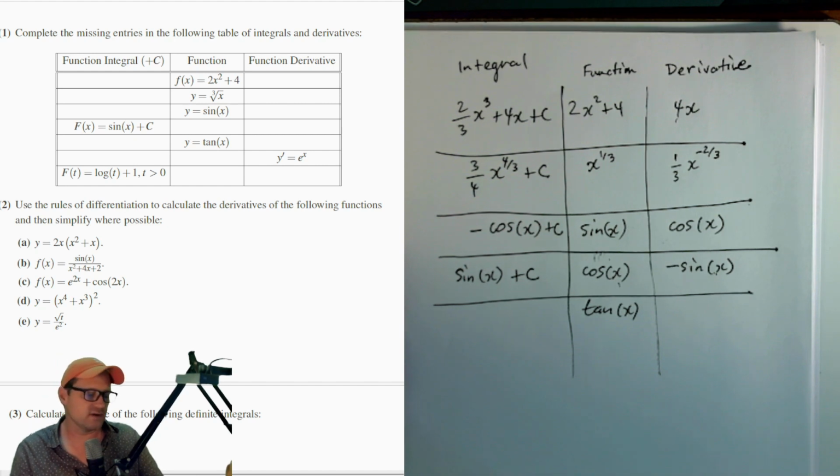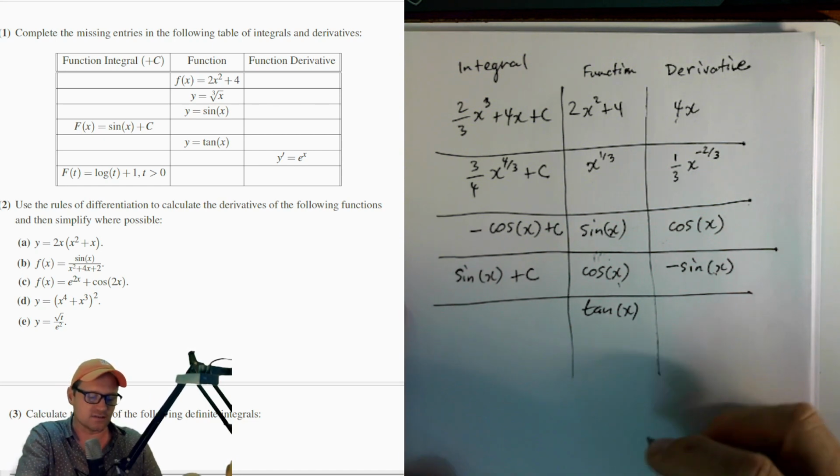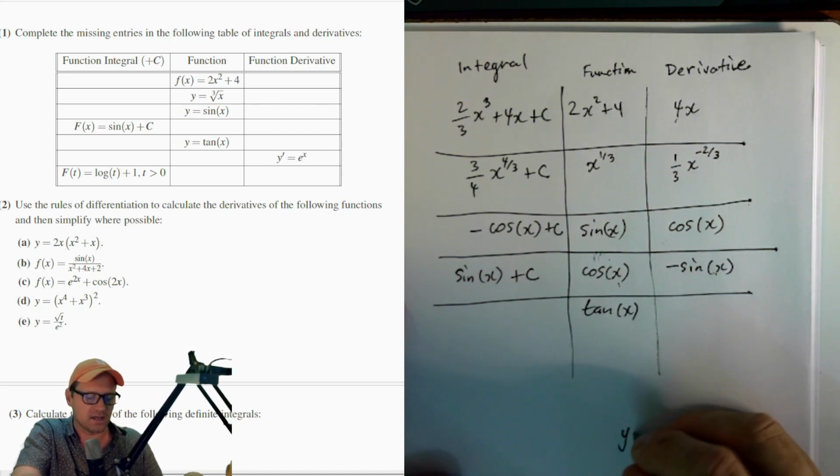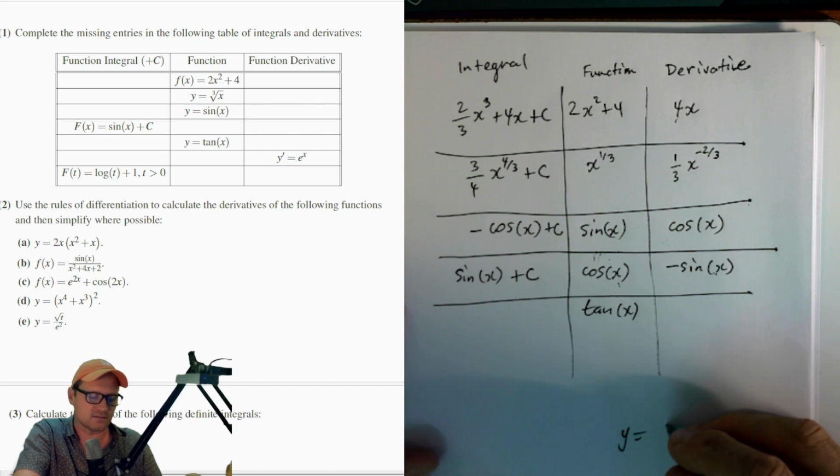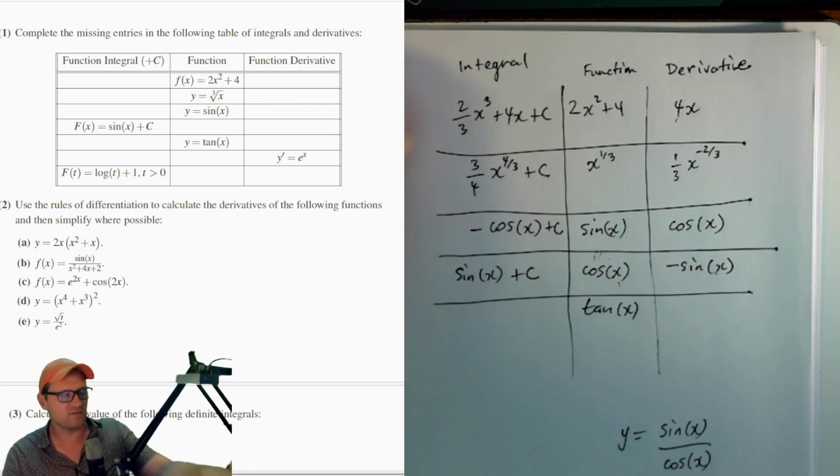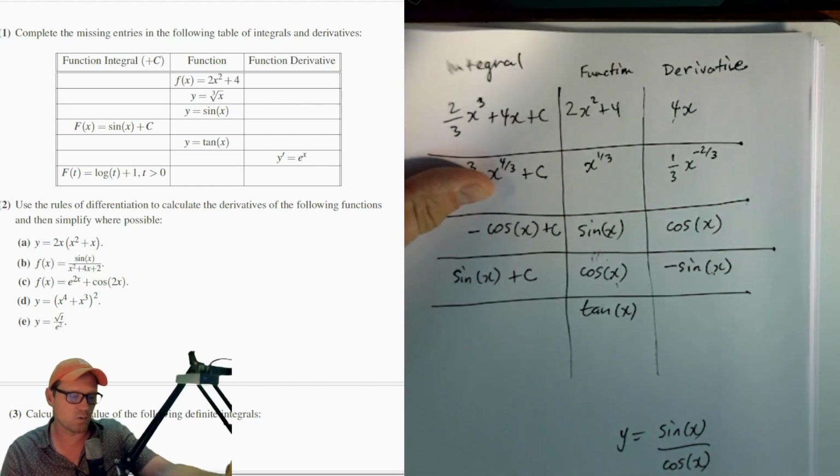Now, next, we have tan of x. The derivative of tan of x, you can just remember that that is sec squared if you like, and fill that in there. But let's just fill in the details here, because if we have y equals tan x, then that's sine of x over cos of x. To find the derivative, we use the quotient rule.